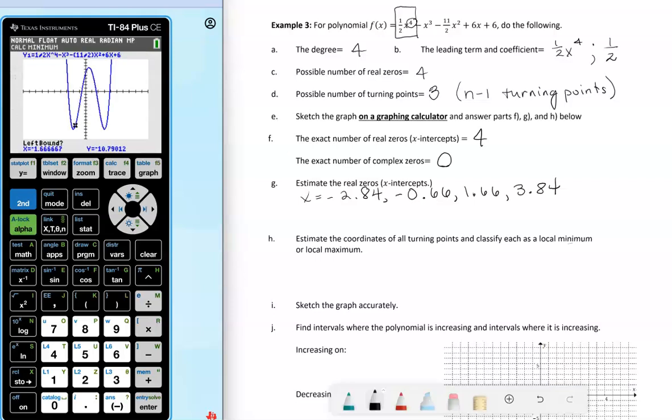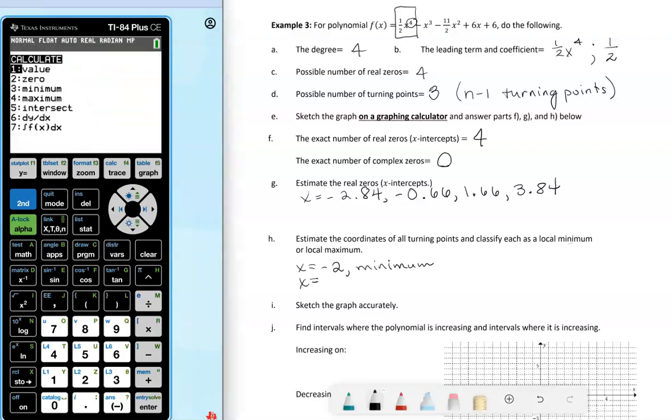And once again, coming in from the left, left bound, right bound, where I think it's turning at. So a negative 2. And that's a minimum. My next one will be this maximum.